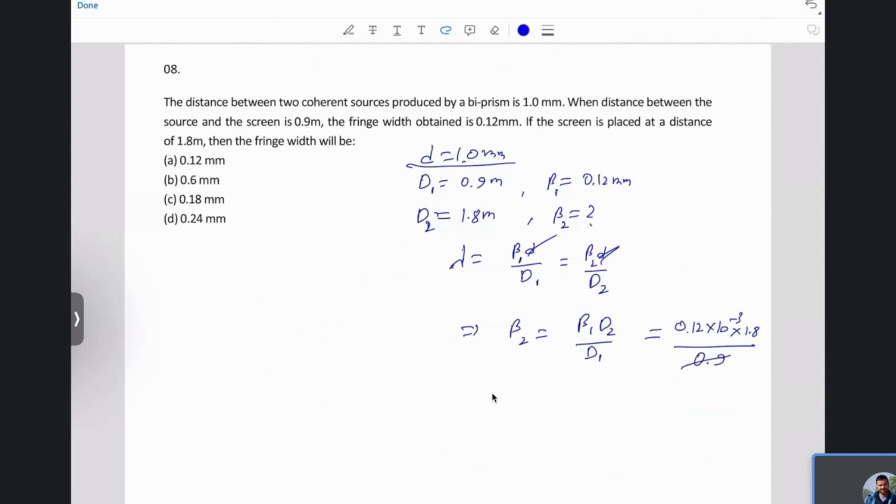So this will give 0.24 into 10 to the power minus 3 meter.